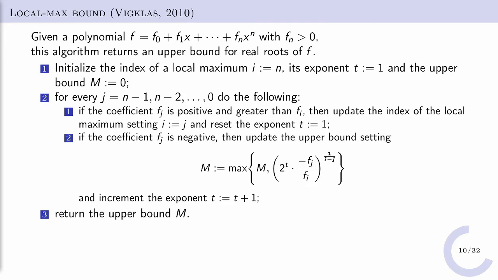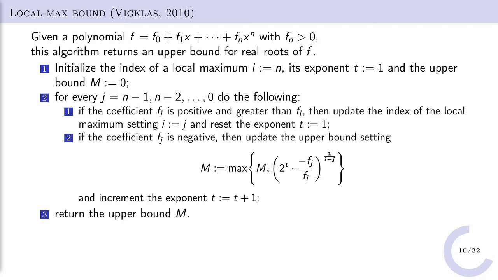The first one is the local max bound due to Vigklas, which was invented 10 years ago in Vigklas' PhD thesis. In fact, in his PhD thesis, Vigklas presented 4 different algorithms for computing bounds of real roots of a polynomial. This is one of these 4 algorithms.